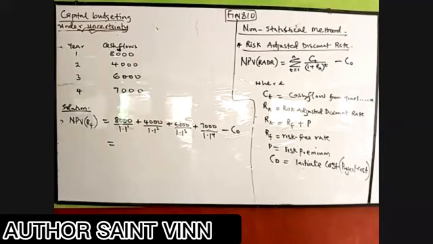Plus 7,000 over 1.1 raised to power 4. Then minus the cost, C0, 17,800. The answer comes out sharp. 10%, 0.1, 1.1 plus 1.